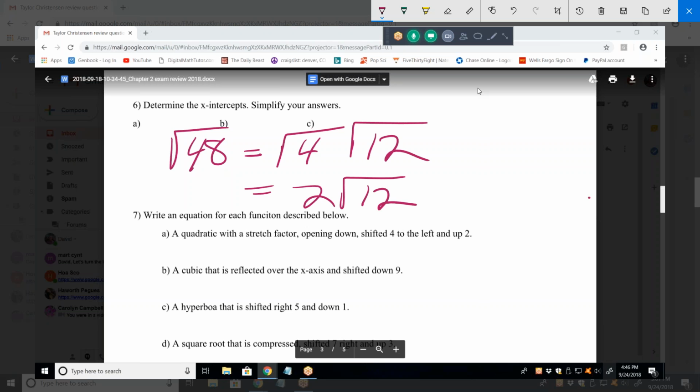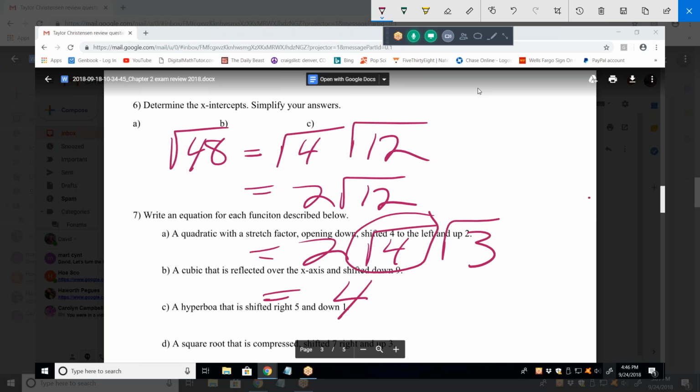You with me? But square root of 12 can be simplified. In other words, square root of 12 is square root of 4 times square root of 3. So that becomes another 2. 2 times 2 is 4.